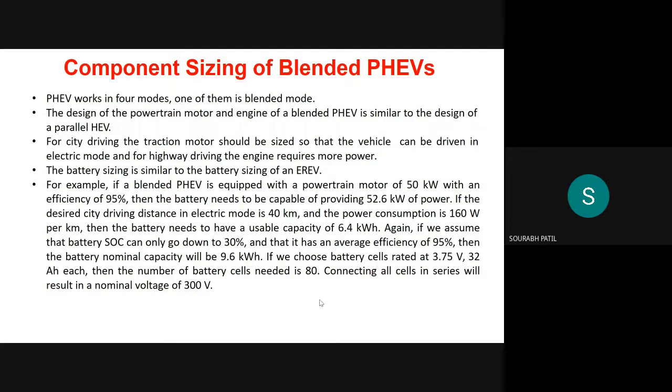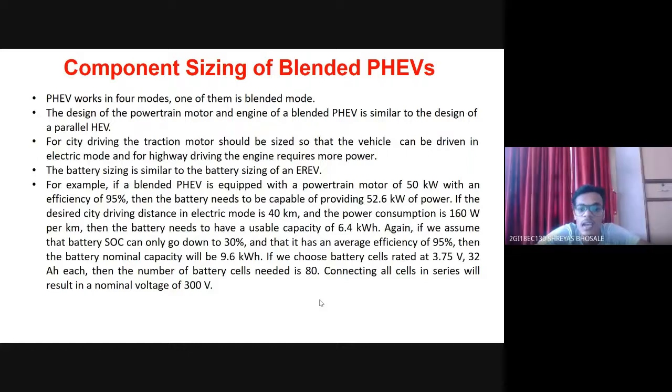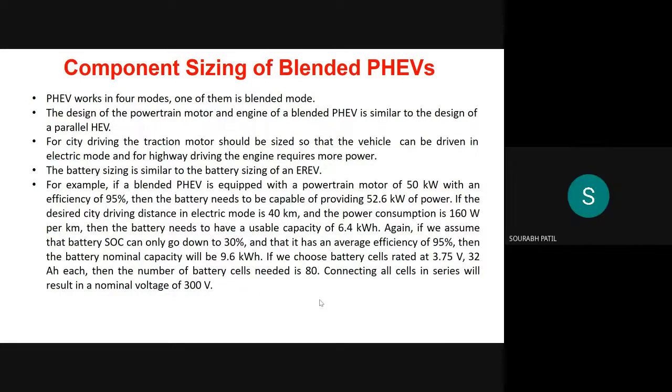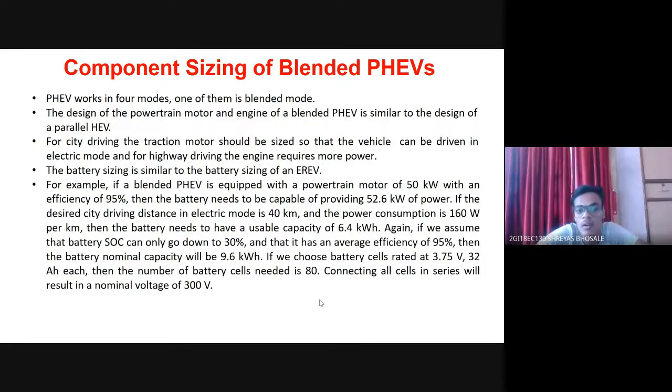The battery sizing in this case is similar to the battery sizing of EREVs, that is, the equivalent electric distance required for a PHEV. Since the focus is on city driving, the battery is sized to satisfy the city driving conditions majorly. For example, if a blended PHEV is equipped with a powertrain motor of 50 kilowatts with an efficiency of 95 percent, then the battery needs to be capable of providing 52 kilowatt of power.